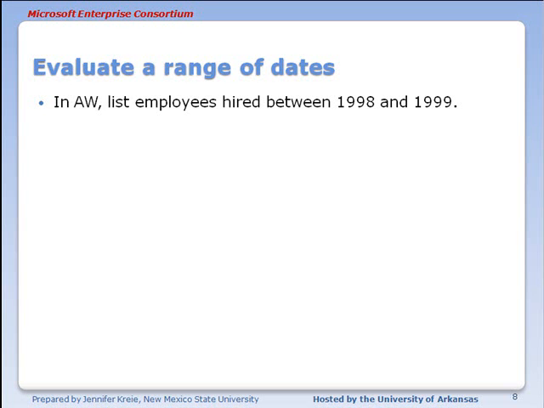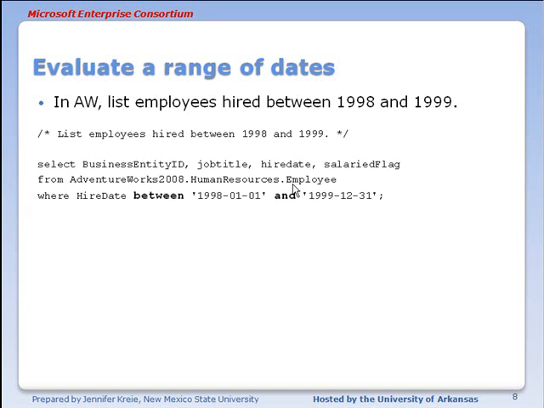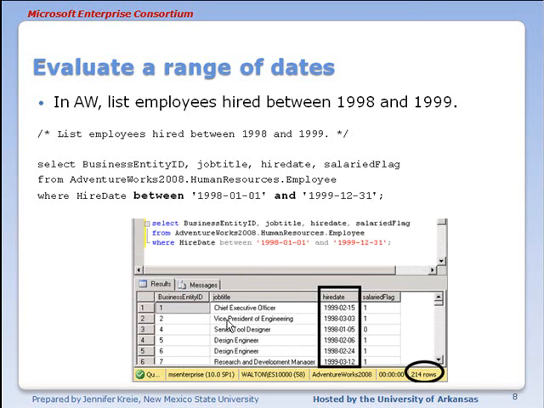The way we could do this is construct our SQL clause statement, list our columns, do the fully qualified table name, and then where hire date between, and notice the date format, year dash month as 2 digits dash day as 2 digits, and the ending range is the year 1999, December, the day is the 31st. And this is the result that we get if you run this at the MEC site.